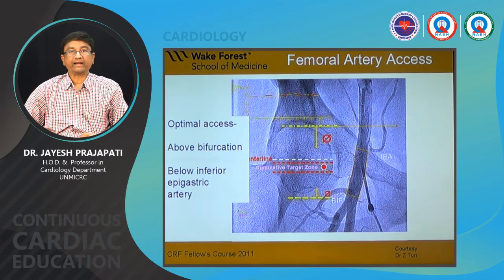Whenever you take a femoral access, one thing you have to keep in mind: the patient should lie down comfortably, and the limb should be externally rotated. You have to palpate the pulse. Take at least 30 seconds to palpate and locate it, and give enough local anesthesia, around 8 to 10 cc, deep up to the periosteum and surrounding areas.